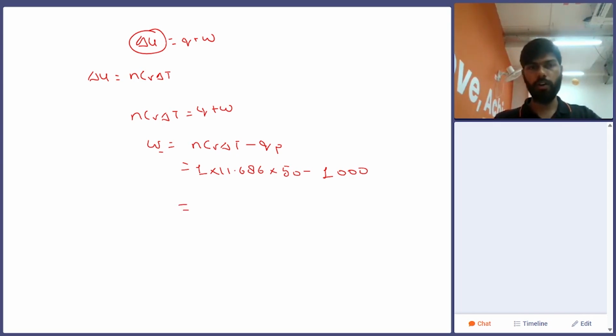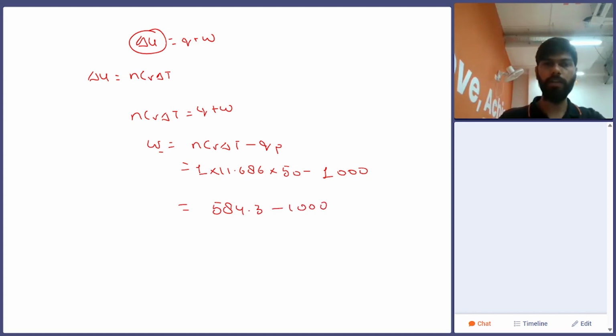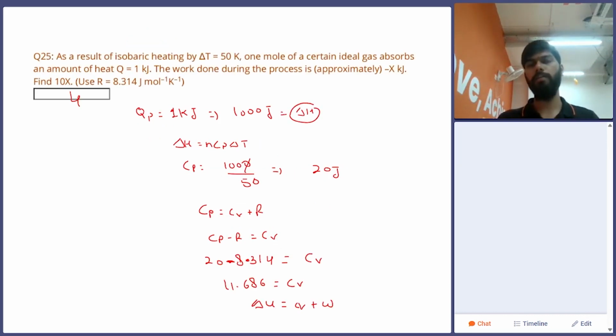Now when we solve this, that is 584.3 minus 1000, and W comes nearly minus 0.4 kilojoule. So ultimately, the right answer, in terms of multiplying with 10, is option 4. So 4 is the right answer for this numerical.